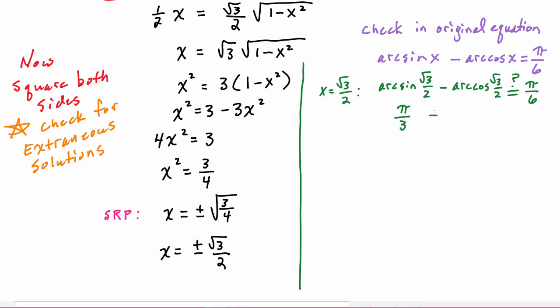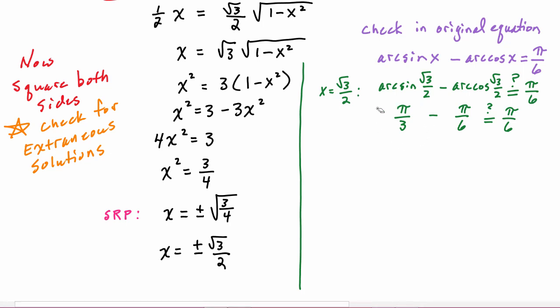Then we have to subtract the arc cosine of radical 3 over 2. And so you think of an angle such that cosine theta is radical 3 over 2. Well, that would have to be pi over 6. And we are asking, does that equal pi over 6?